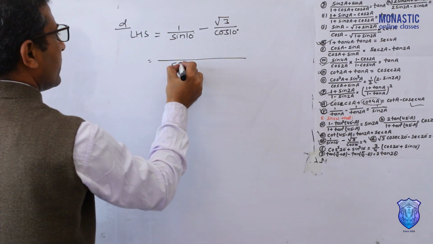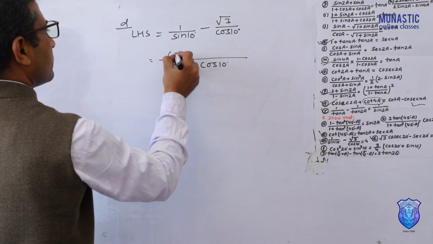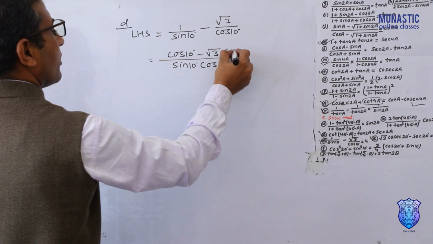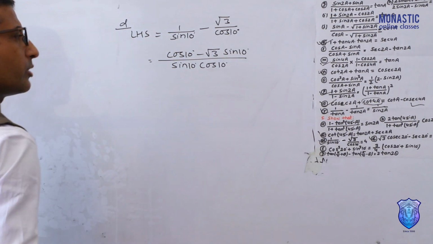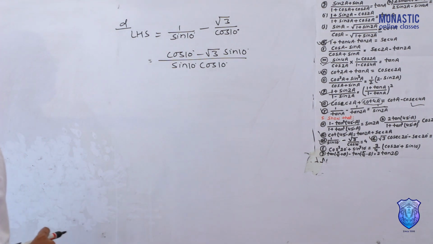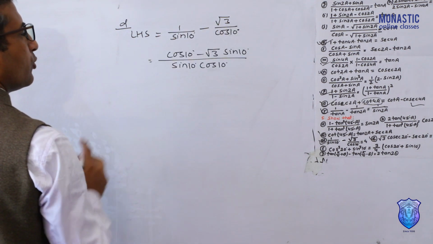First, take the LCM. Here you have to remember this point. We have to multiply numerator and denominator by 1 by 2 so that we can make this into the formula.